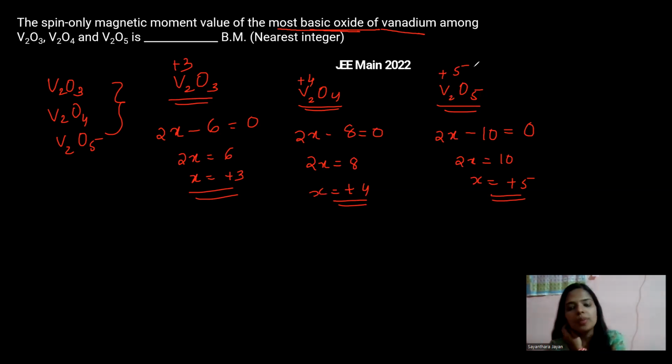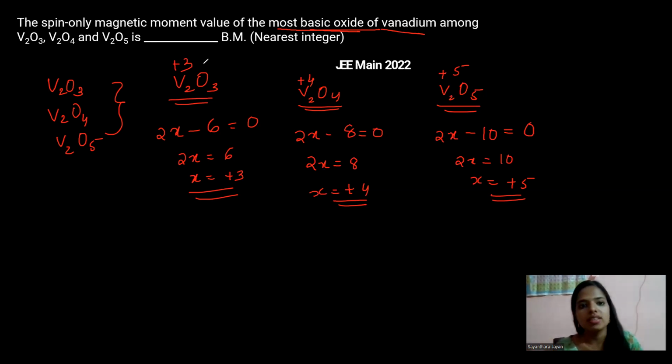Plus 3, plus 4, plus 5. See, remember this: as oxidation state increases, acidity of oxide increases. So the most basic oxide means it will have less acidic character, right? Most basic means having less acidic character.